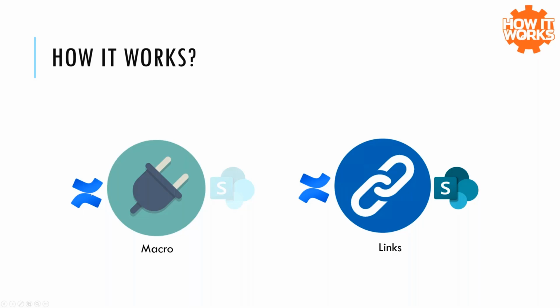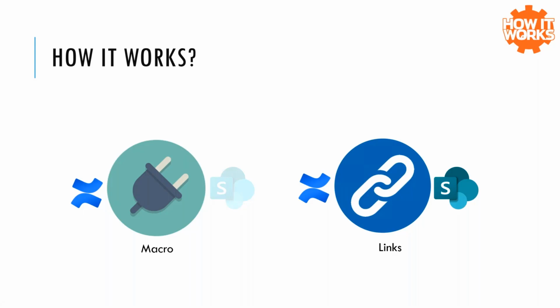And you can see the macro currently supports Confluence only, and links you can obviously use in both, but you can see a blurred SharePoint. This is something we are currently working on. We are happy to share through this session that we are expecting the SharePoint macro to be available in the upcoming quarters.